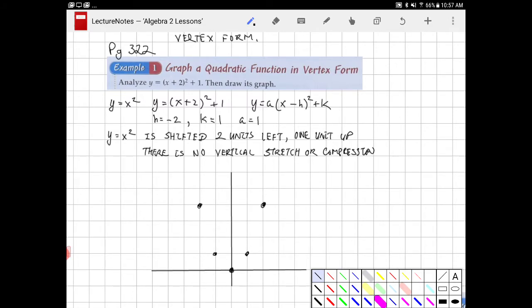What we want to do is shift all the points on the parent function. All of the points are going to move 2 to the left and 1 unit up. So the vertex is located at negative 2, 1, and then it's going to take on the same shape as before.